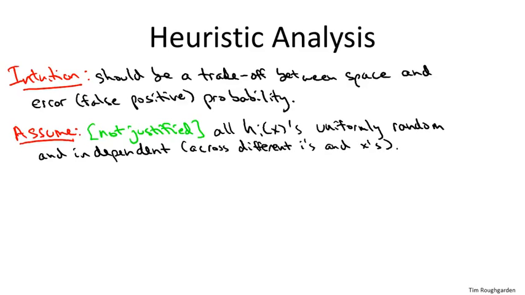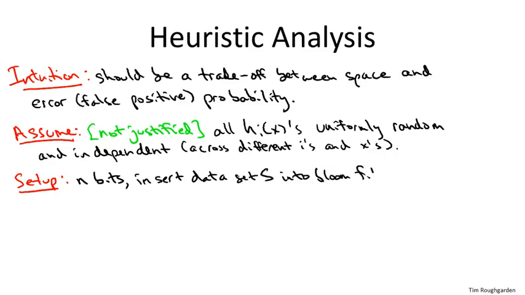So the setup then is we have n bits, we have a data set, capital S, which we've inserted into our Bloom filter. Now our eventual goal is to understand the error rate, or the false positive probability. That is, the chance that an object which we haven't inserted into the Bloom filter looks as if it has been inserted into the Bloom filter.